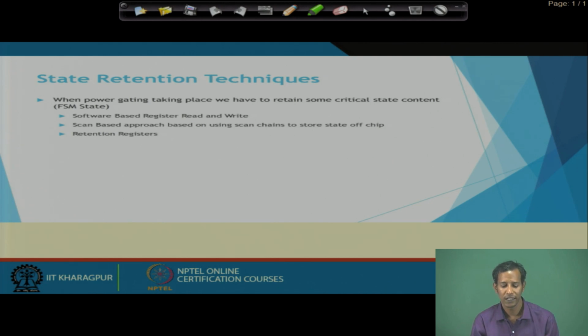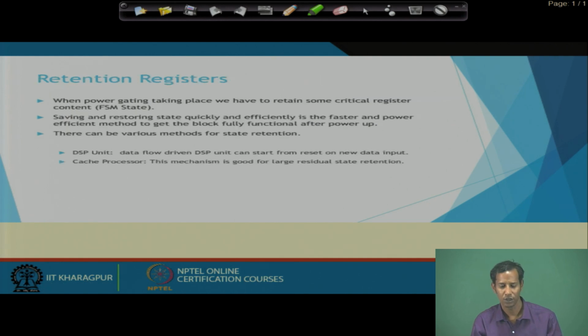So, then state retention technique is that when power gating is taking place we have to retain some critical state content or FSM. So, software based register read and write, scan based approach using scan chain to store state of chip, or the retention registers. So, these are all actually the power saving methods, and then these retention registers.